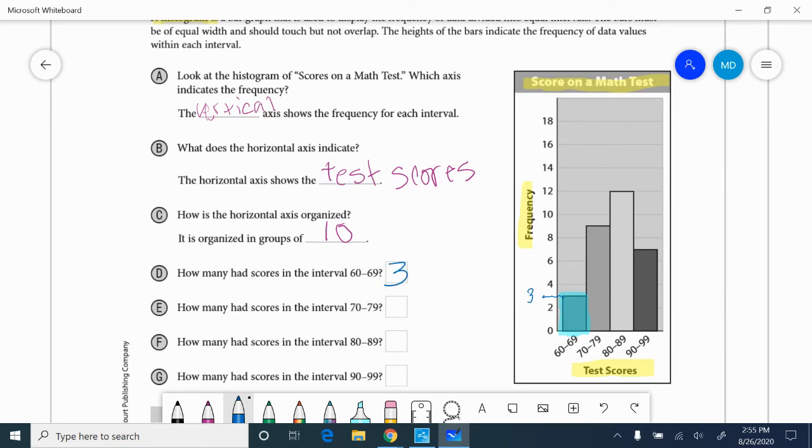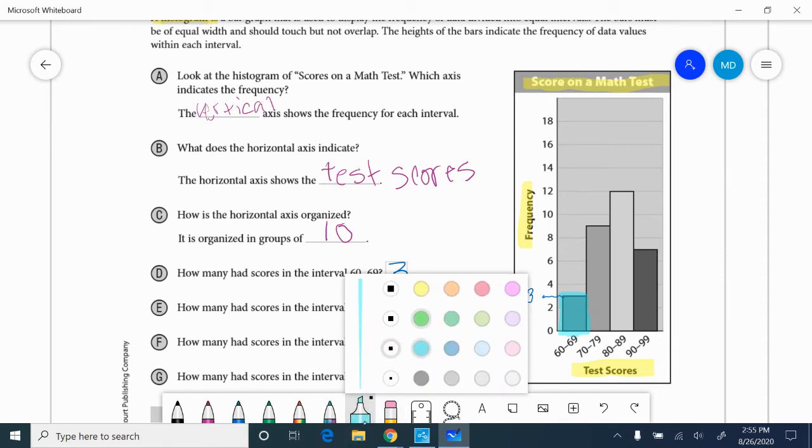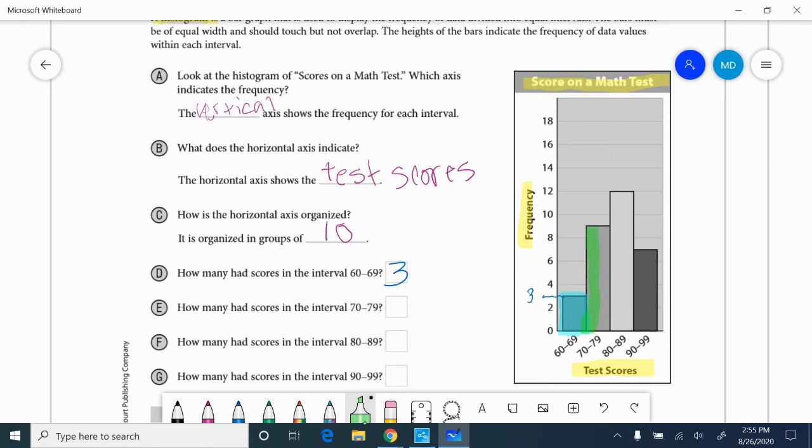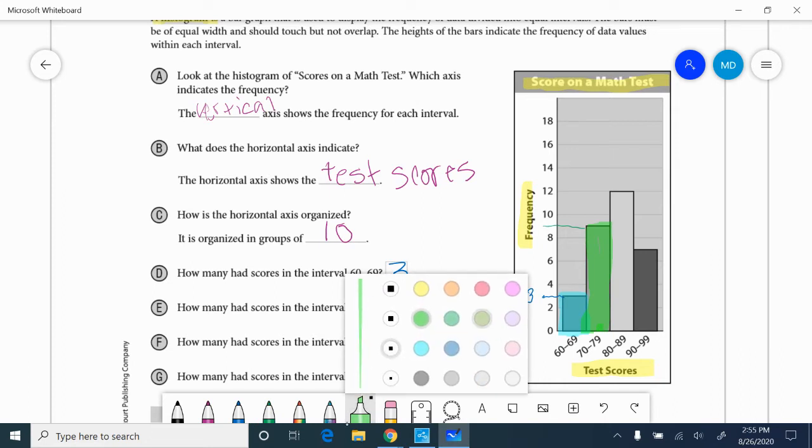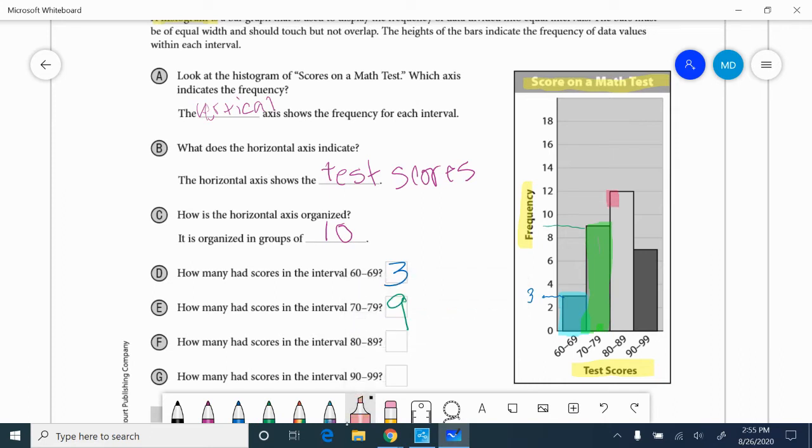How many had scores in the interval of 70 to 79? That's our next interval. You can see it lines up right here, which would be at 9. How many had scores in the interval of 80 to 89?